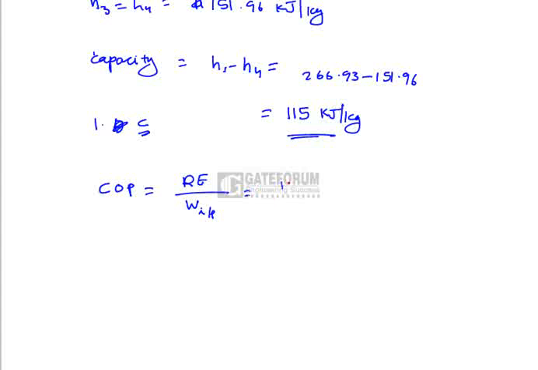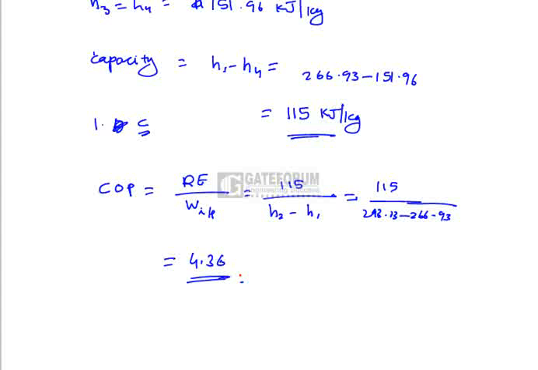The refrigerating effect we already know is 115, and h2 minus h1 is equal to 293.23 minus 266.93. Finally we have a COP of 4.36. So in the second question, the right option is B. B is the right answer for the second question.